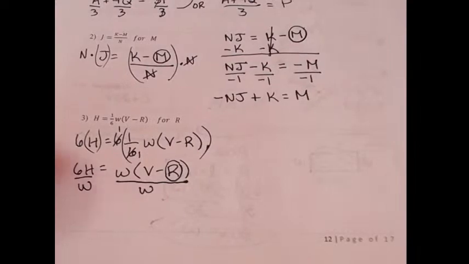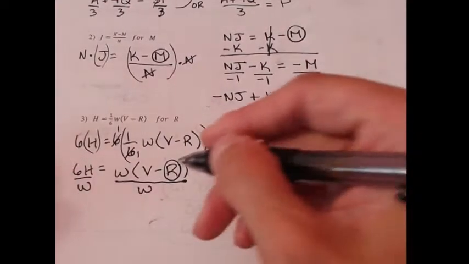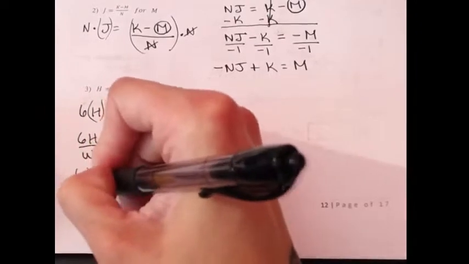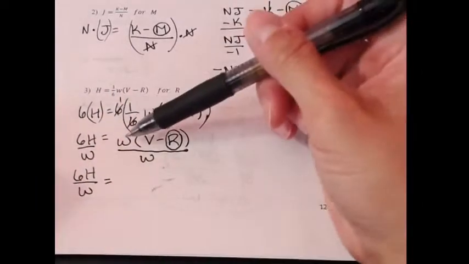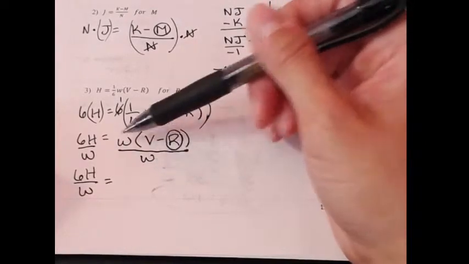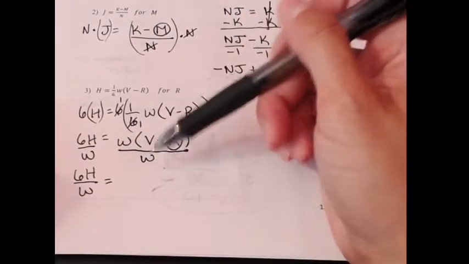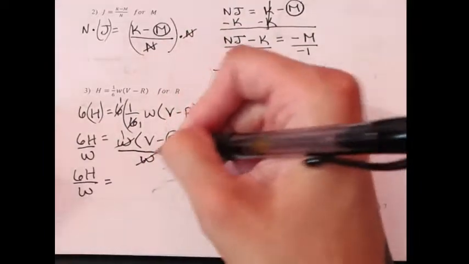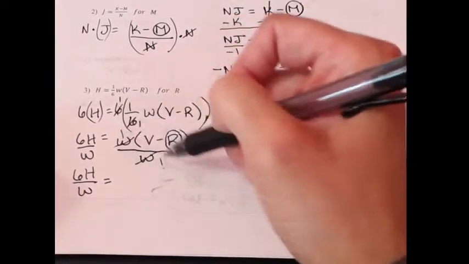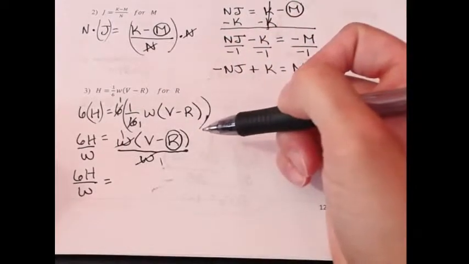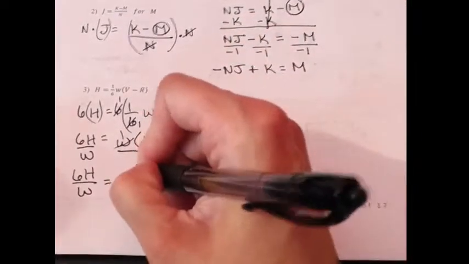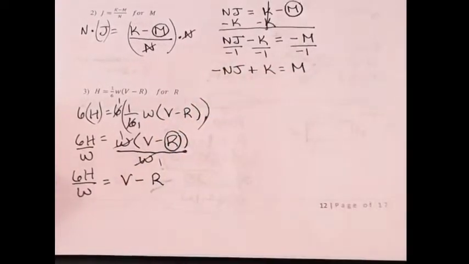So what I'm left with here is 6h over w is equal to, and then we notice that we have a w in the numerator, a w in the denominator, so we're allowed to reduce. We're going to divide each by w, and that leaves us with 1. Because we have a 1 in front of this parentheses, we actually don't need the set of parentheses anymore. 1 times v minus r is simply v minus r.